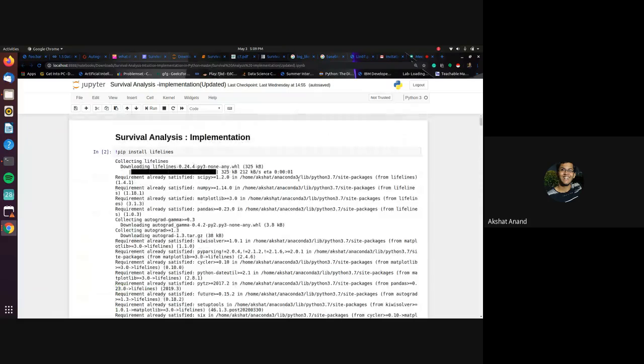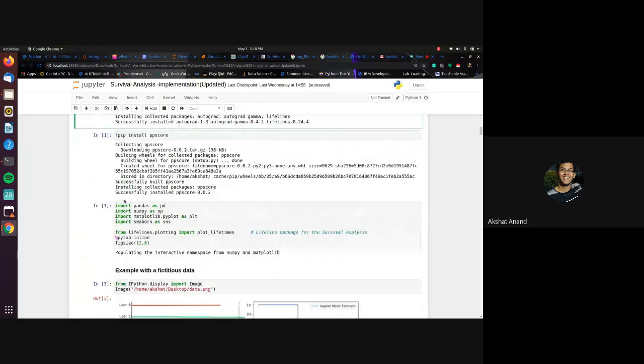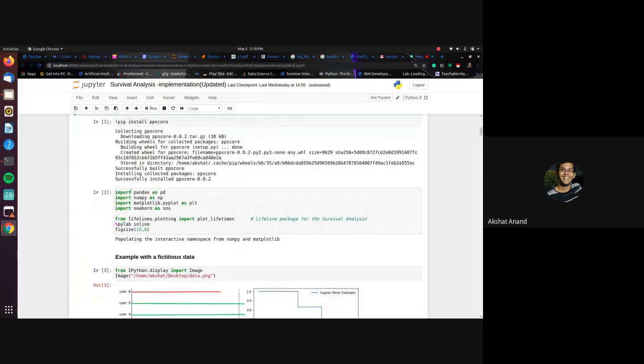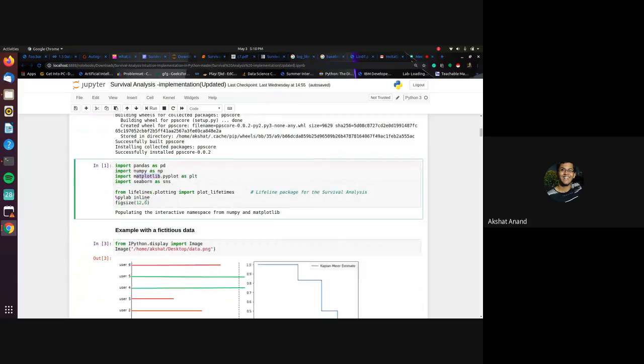So after discussing all the points, in order to use the models, we need to install the lifelines package. After installing lifelines, we import libraries like NumPy, Pandas, Seaborn, and Matplotlib, and plotting libraries for describing the data.